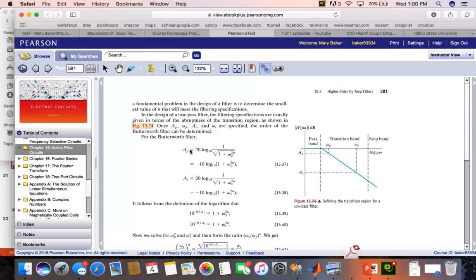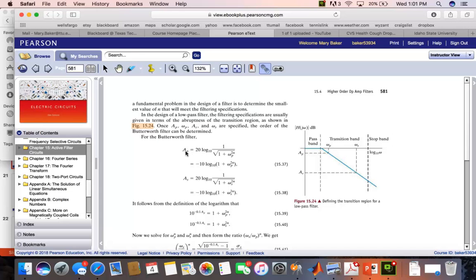So basically, the value AP is 20 times the log of the magnitude of the transfer function, which for a Butterworth filter is given by this expression here. And we can express this as this factor under the radical sign to the minus 1/2 power, meaning we can bring a minus 1/2 out front, giving us minus 10 log of the factor under the radical sign.